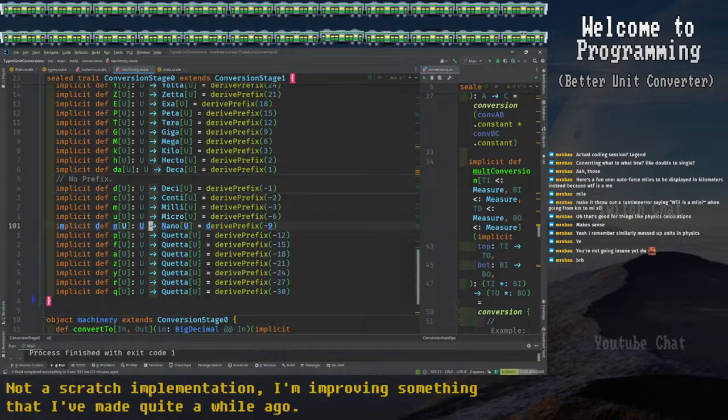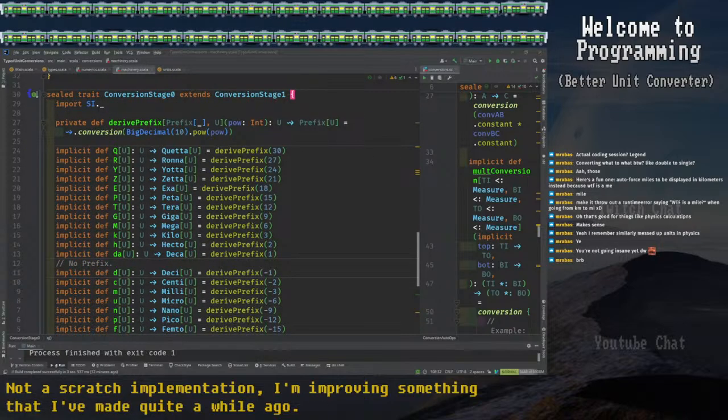U. There we go. And there we go. That's all the SI units. Sorry, the SI prefixes.